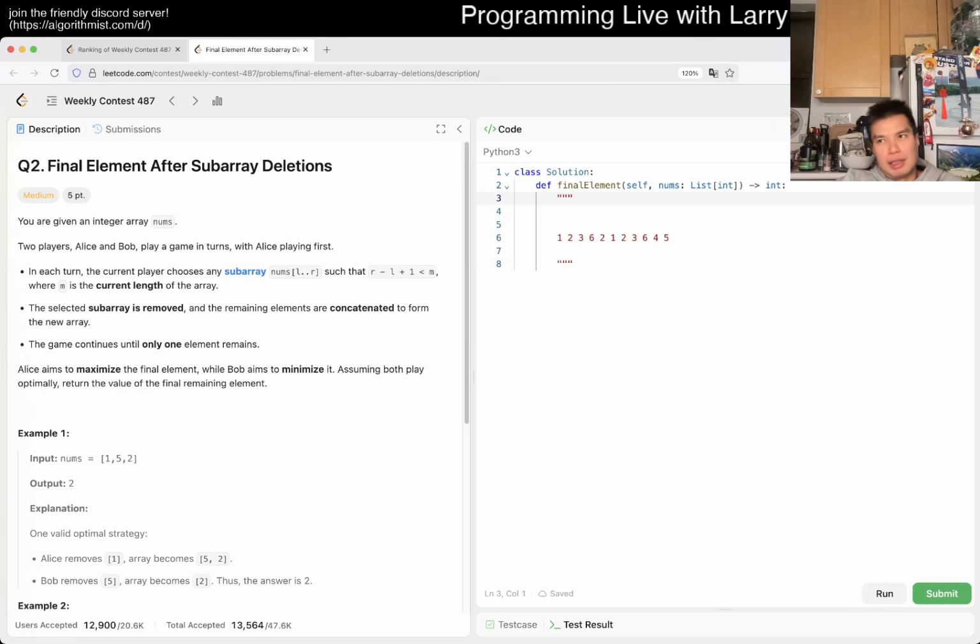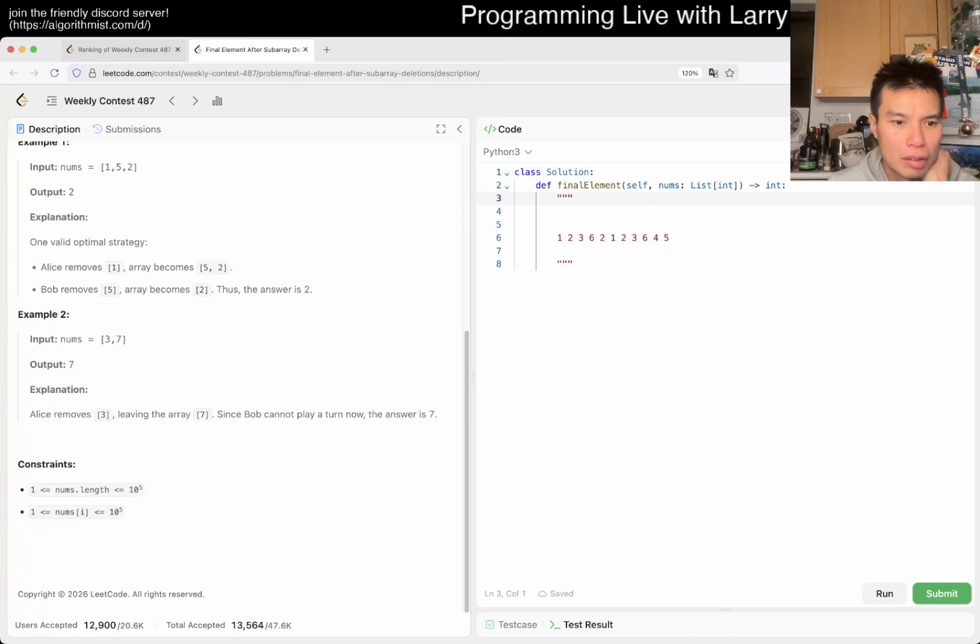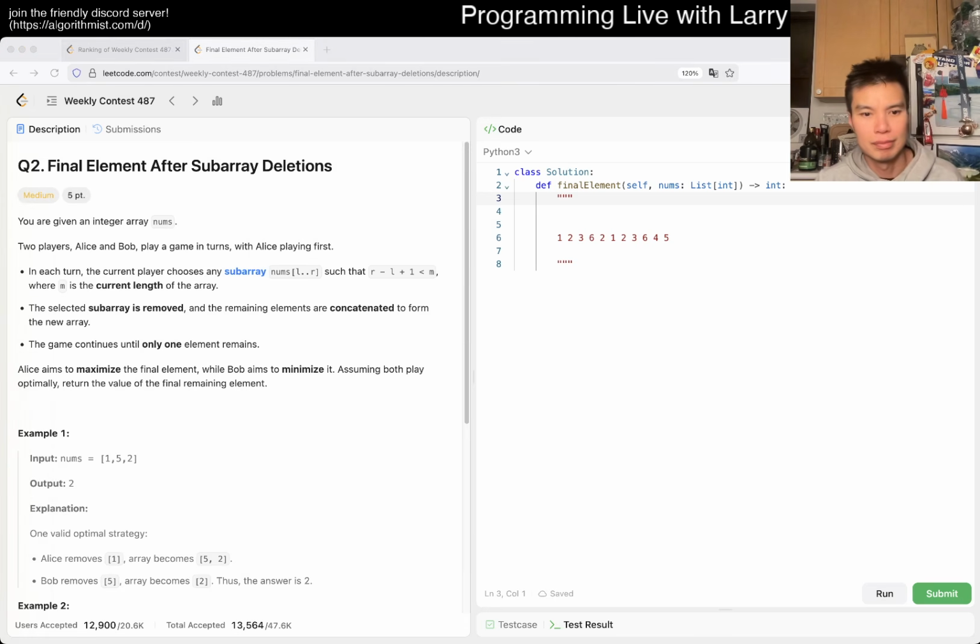How do I simulate that? So you could take all the numbers.